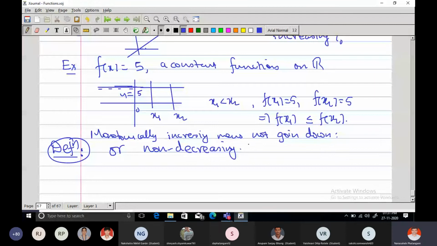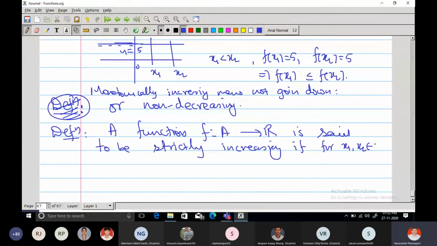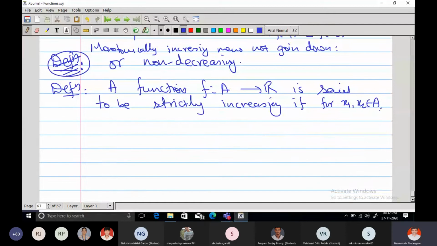So a function f from A to R is said to be strictly increasing if for x1, x2 in the domain A, x1 is less than x2 implies f of x1 is strictly less than f of x2.